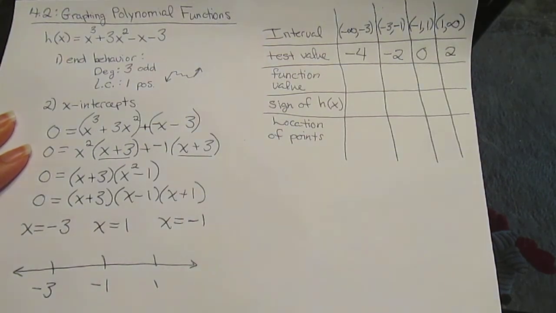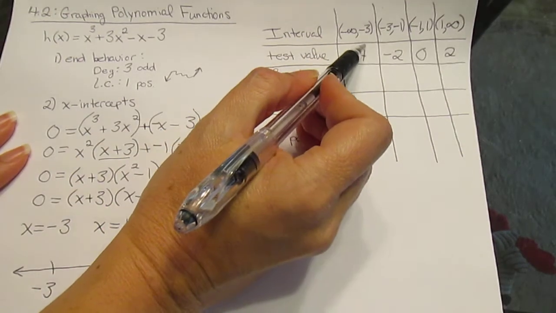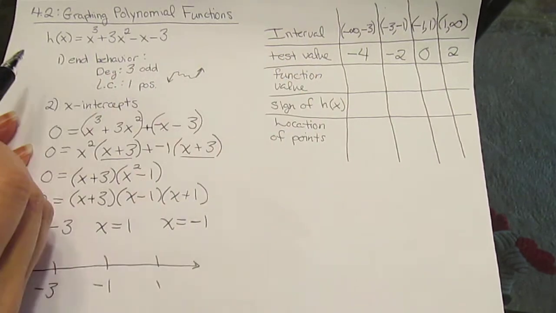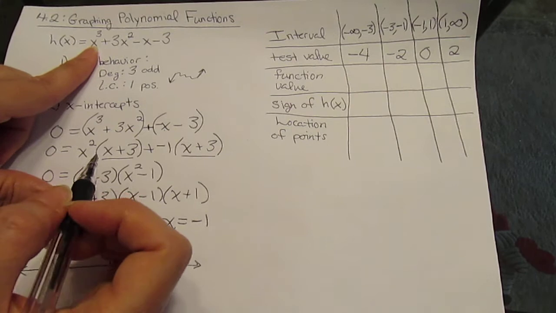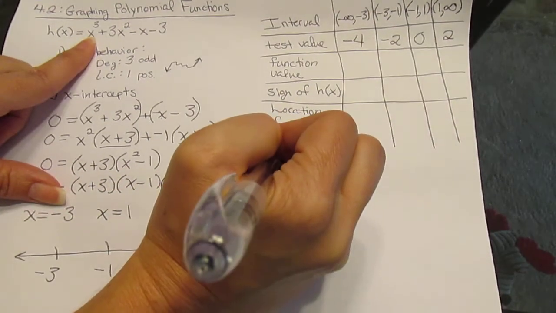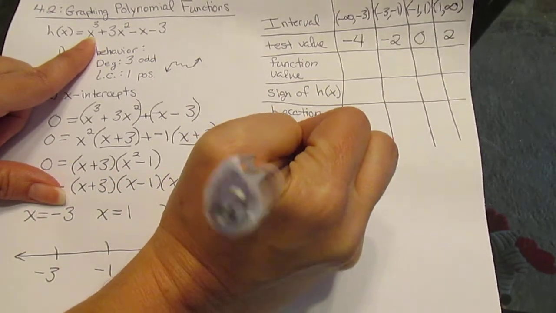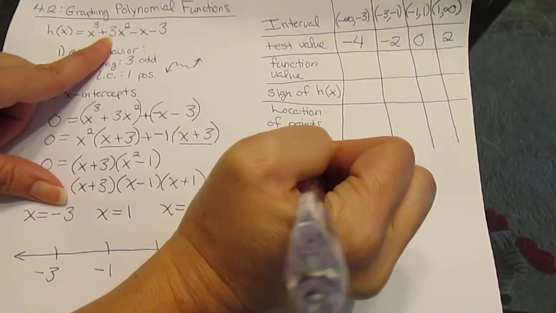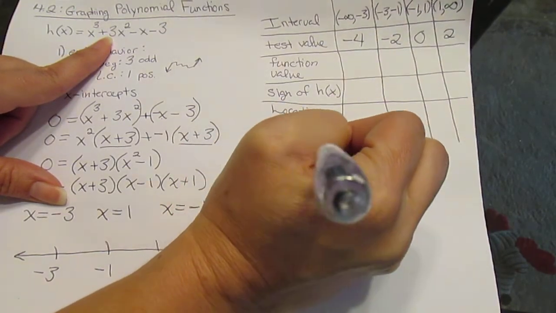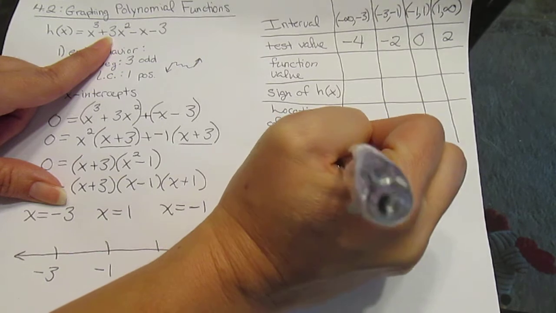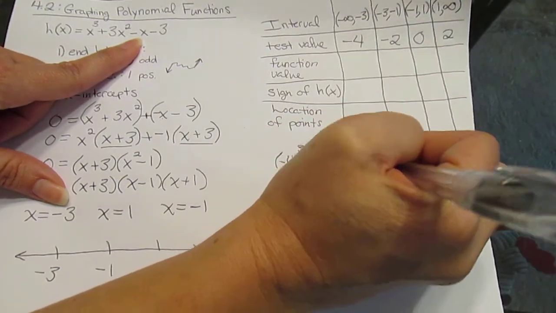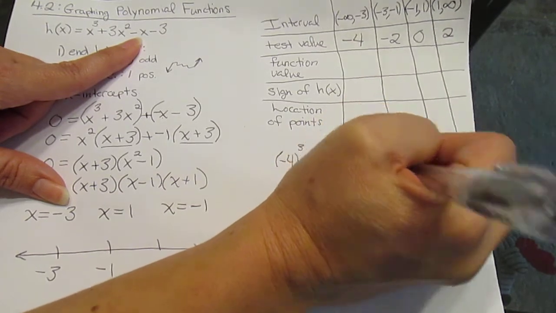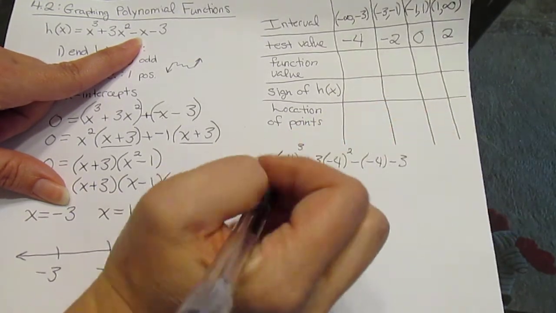The function value, well, that just means you're going to take your test value and plug it back in to your original problem. So let me just do that here with the first one. So we've got -4 cubed plus 3 times -4 squared minus -4 minus 3.